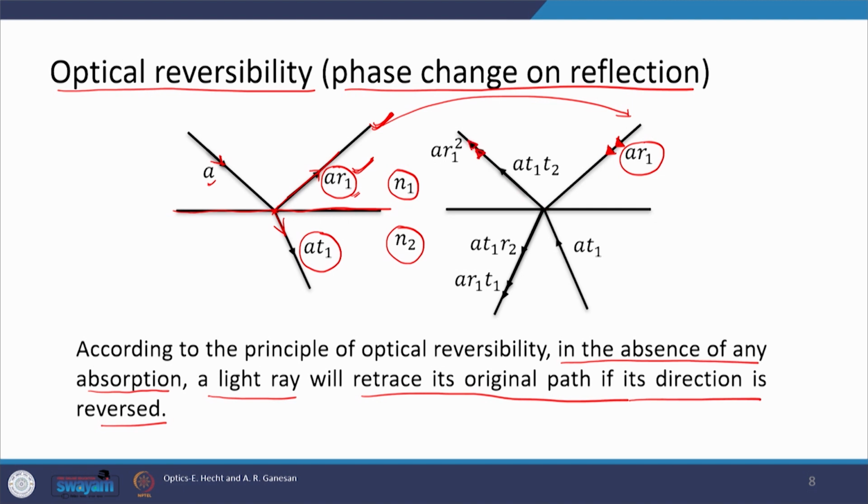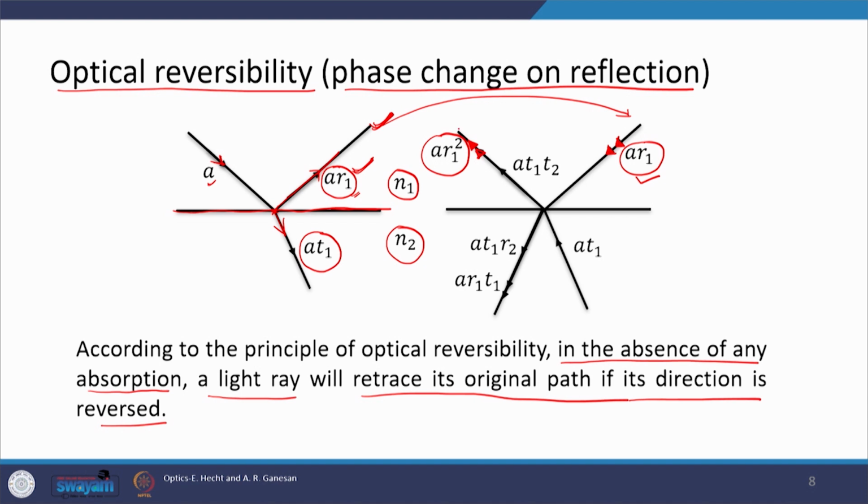To calculate the reflected amplitude we just multiply it with the amplitude reflection coefficient which is R1. Therefore, we multiply R1 into A into R1 and this would be equal to A into R1 square. So the wave of magnitude A R1 after reflection becomes A into R1 square.